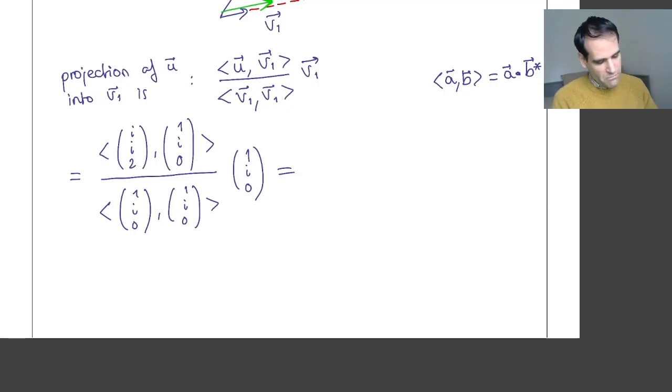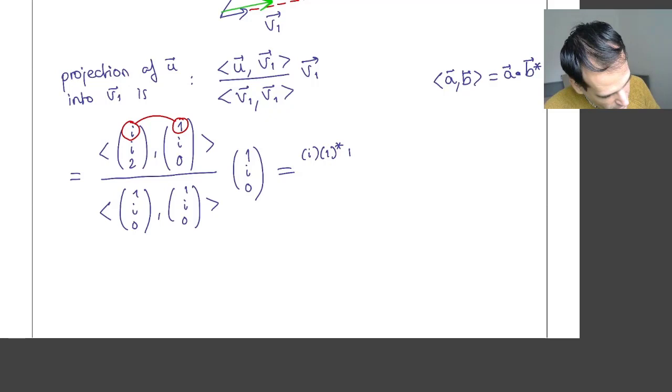How can we write it? So I can think of several ways. We can either do it directly. So let's do it directly. It's the first element multiplied by the second element's complex conjugate. So I times 1 complex conjugate plus the second element multiplied by the second element's complex conjugate.